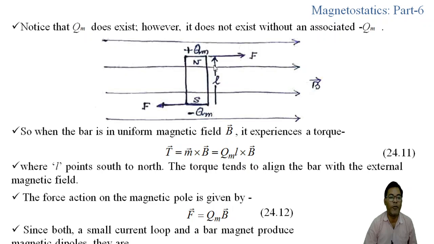A force will act on the north pole and the south pole in opposite directions. For that, a torque will be produced.